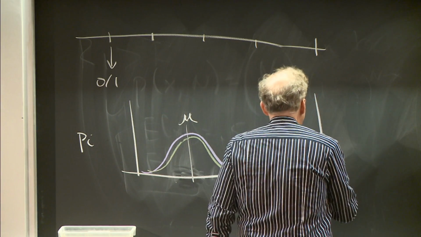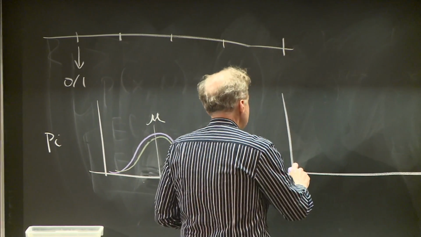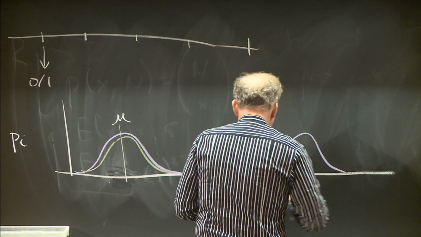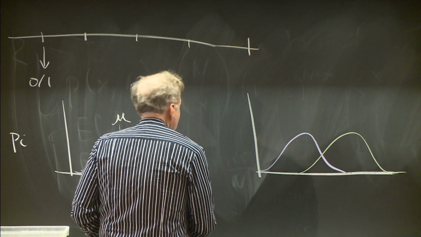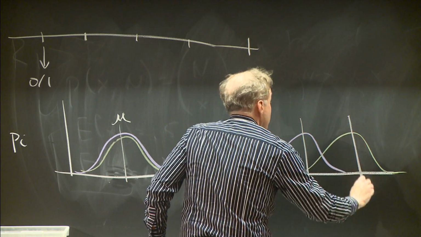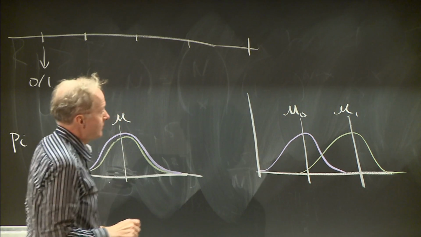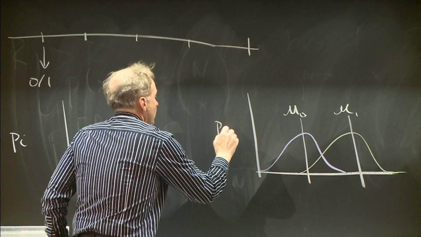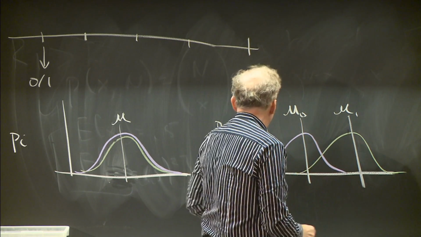It's also possible that this is best modeled by two different means for a given trait. That when the marker is 1, you're growing.